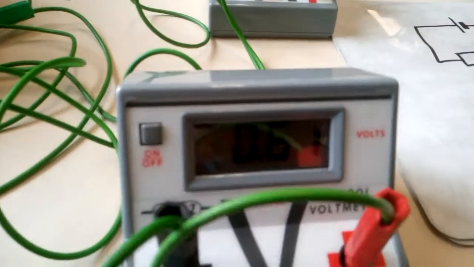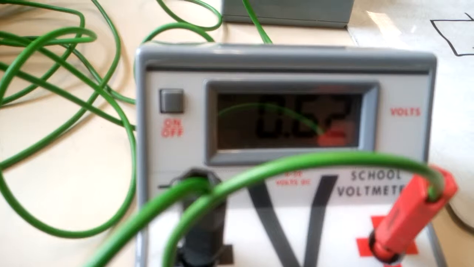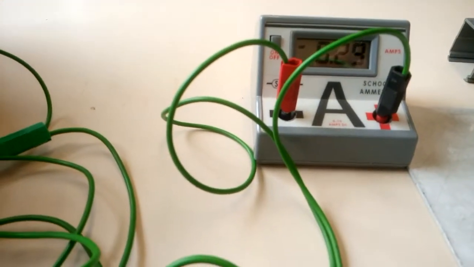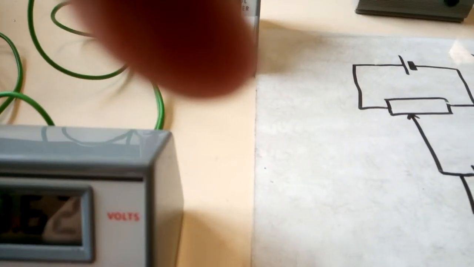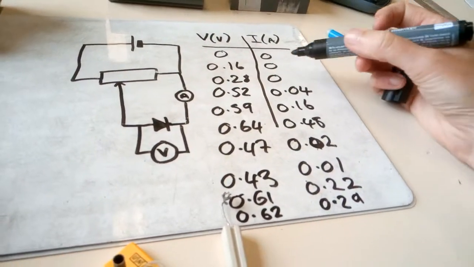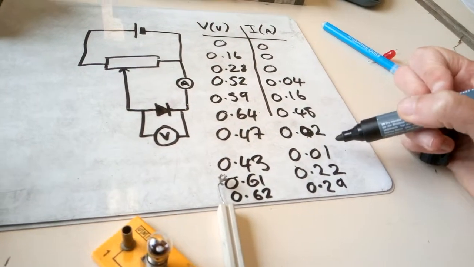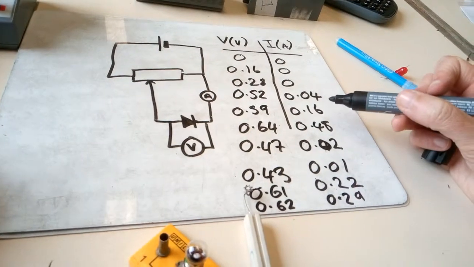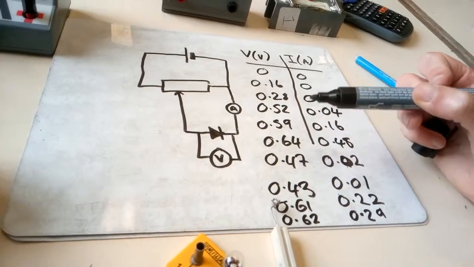And I'll see if I can get just a slightly higher one. 0.62 is 0.29. So you've got lots of results there. It should be 0 up until a point, and then we should see an increase. Remember, these last ones I just put in because I didn't want you to have just 4 results there. So when you copy it out, you might want to put them in the right place so you have the potential difference getting bigger.